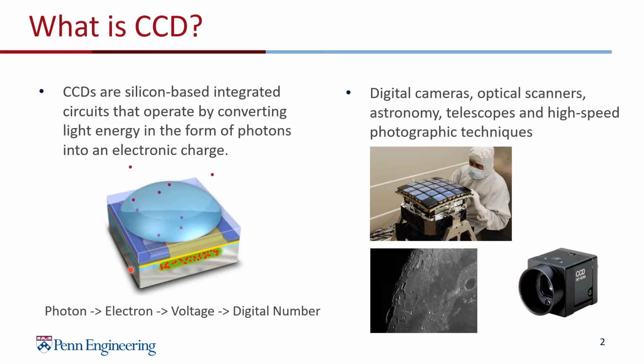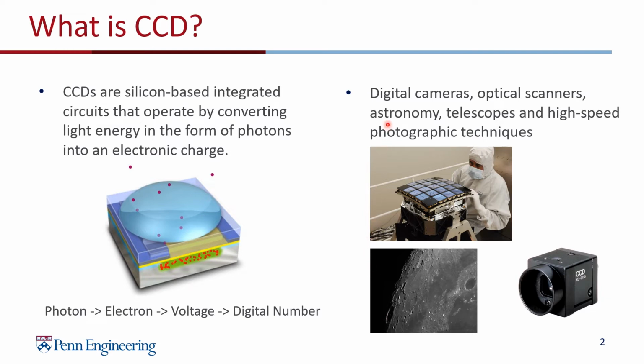Electrons are generated through the photoelectric effect and then stored in the green part, a potential well. In a small pixel, charges build up proportional to the light intensity. Now, photons are not only captured, but can also be easily measured as voltage. Then, through the analog-to-digital converter outside of the CCD, we can successfully store an image as digital numbers.